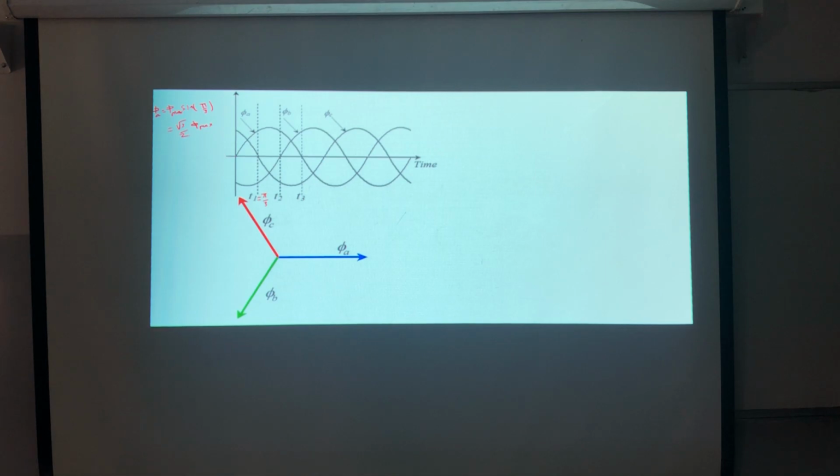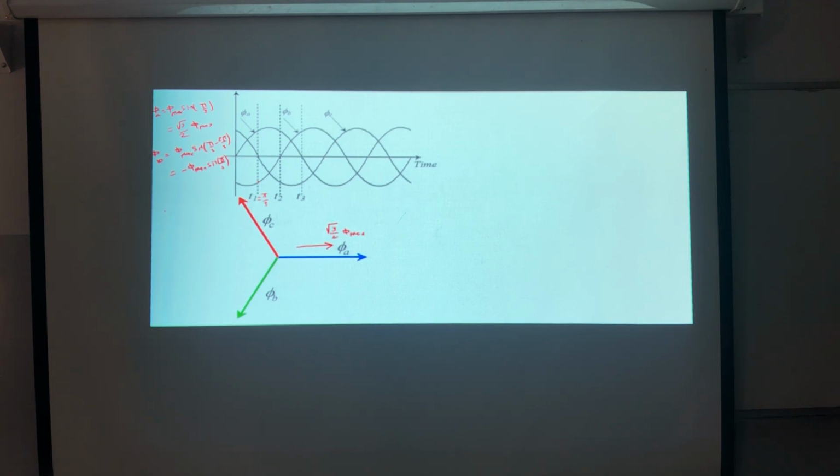Now, the flux due to B, so here I'm having a vector. The length of this vector is equal to square root of 3 over 2 phi max. The flux due to B will equal phi max times sine of pi over 3 minus 2 pi over 3, and this will be minus phi max sine pi over 3, correct?